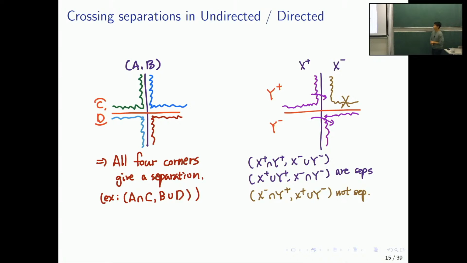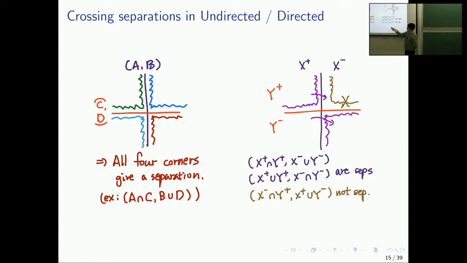At this point, I want to remark that there are two big differences between the undirected and directed cases whenever you have two separations. The left-hand side is for undirected graphs. Imagine that you have one separation AB and another separation CD, and they cross, making four different parts.